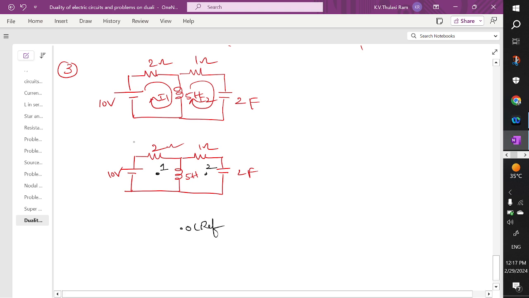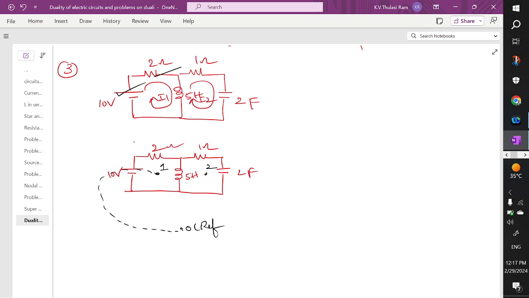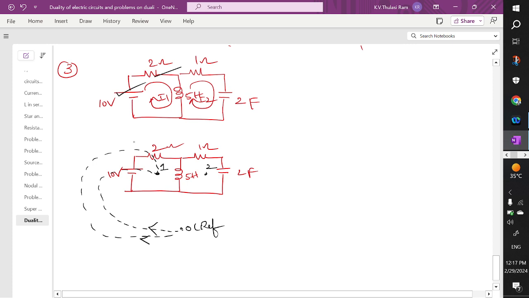Now I1 is touching the voltage source and resistor. So now you see here. Try to draw the dotted line. Node 1 also will touch the voltage source via this dotted line. Node 1 also will touch the branch 2 ohm like this, and the current is traveling like this.